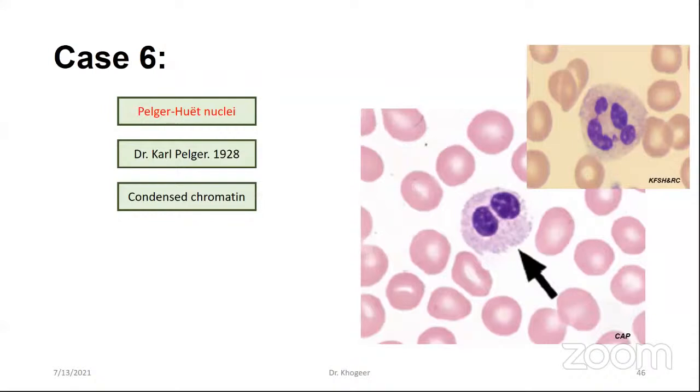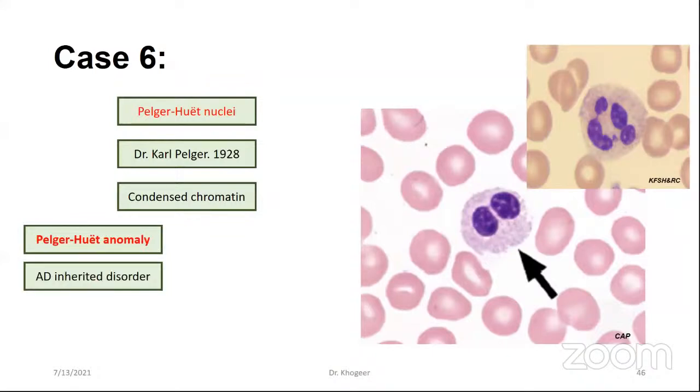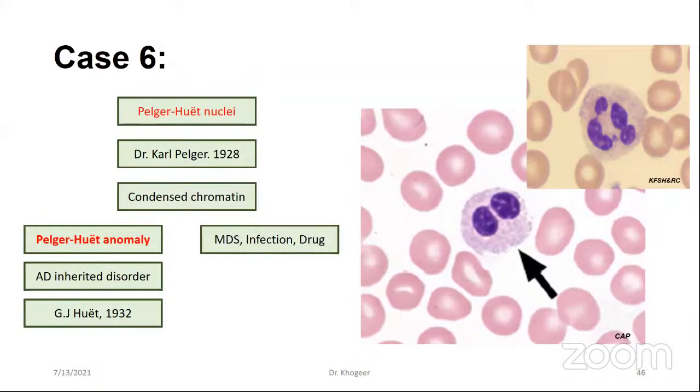Neutrophils with identical nuclear features can be seen in Pelger-Huet anomaly, an autosomal dominant inherited disorder, which was described by the pediatrician Huet in 1932, and is occasionally observed in association with other clinical conditions, including MDS, infection, and drugs.